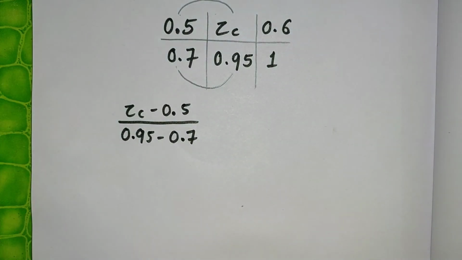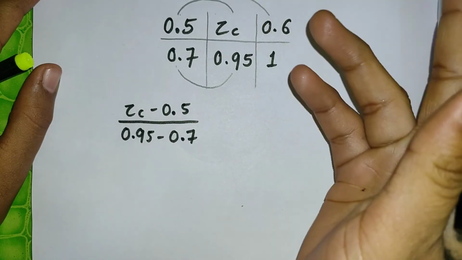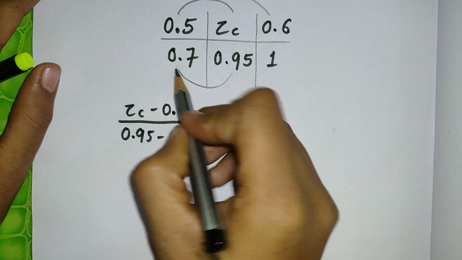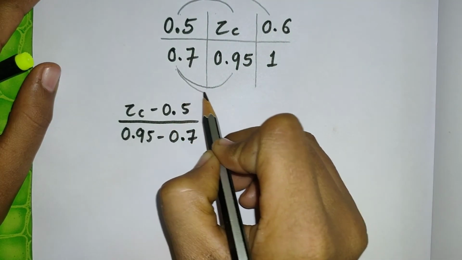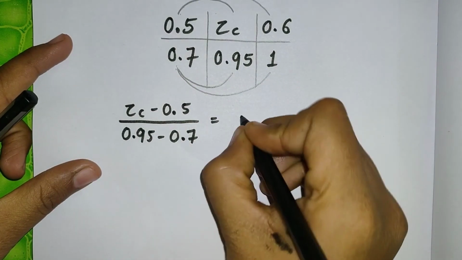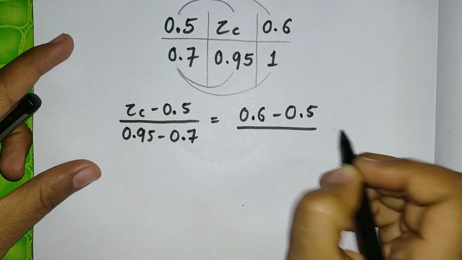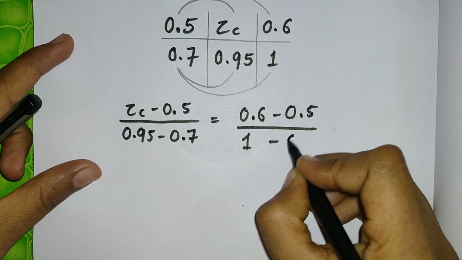After that, subtract the first value from the third value and divide that by the first value minus the third value. That is 0.6 minus 0.5 divided by 1 minus 0.7.